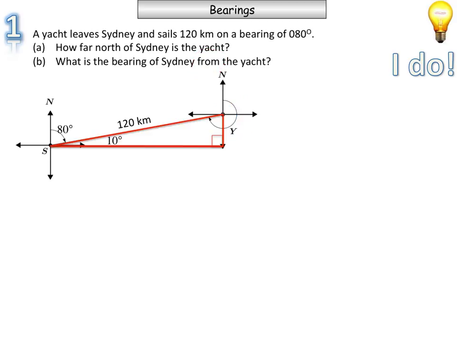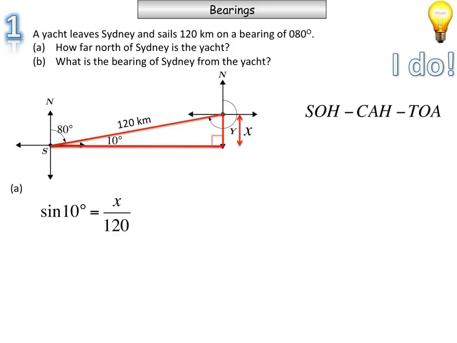If we want to find out how far north the yacht has travelled, we'll use a right angle triangle, and we'll calculate x there. We've indicated in the diagram that this is 10 degrees because we've got a right angle there and 80 degrees is already given. Complementary angles add to 90, which lets us know that angle in the triangle is 10 degrees.